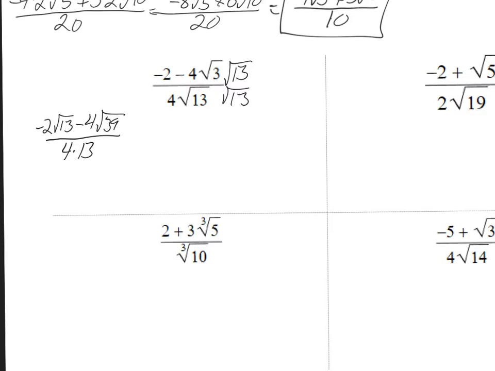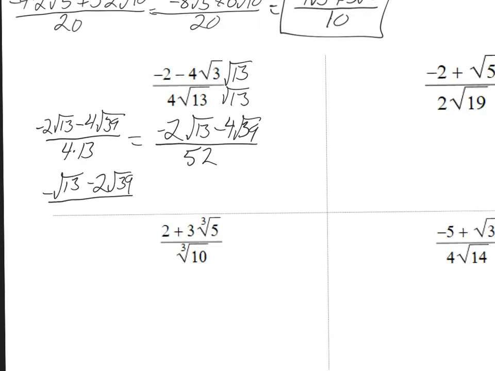Okay, so that's going to tell me that I have negative 2 radical 13 minus 4 radical 39, not 36, 39, okay, over 52. Now, all three of these have a 2, so that tells me that it's going to be negative radical 13 minus 2 radical 39 over 26, which is E, right?